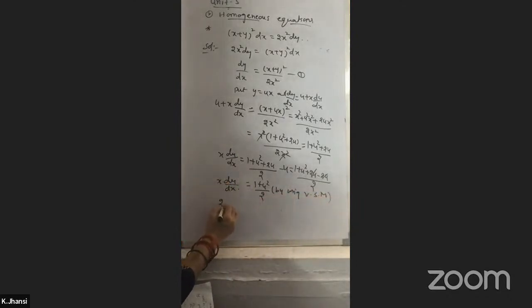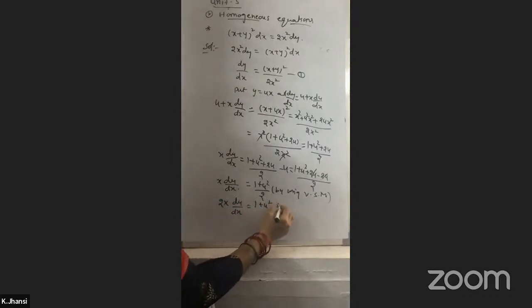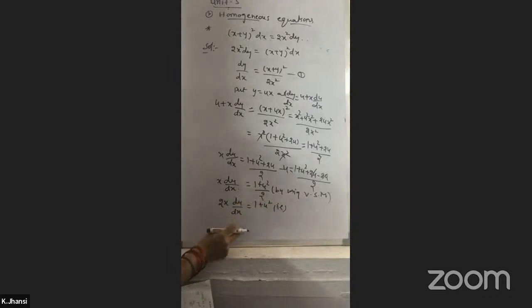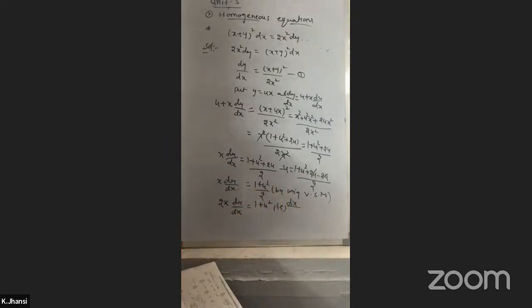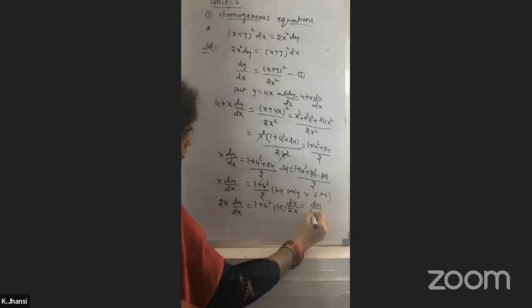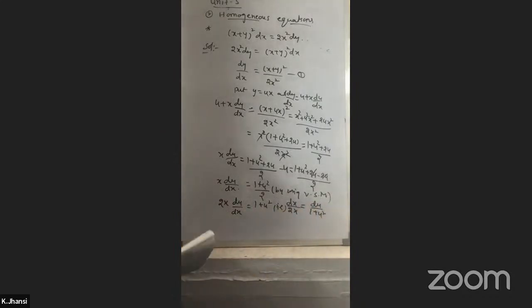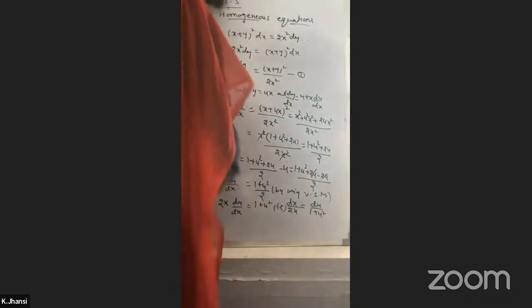If you cross multiply, this is 2x·du/dx = 1 + u². Now dx should be in the numerator, so dx/2x is equal to du should be in the numerator, so du/(1 + u²).